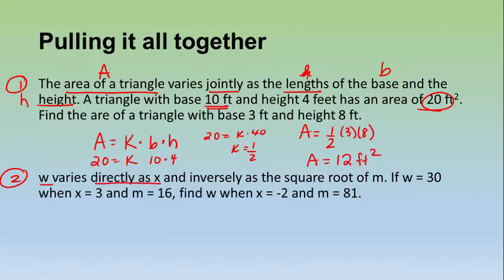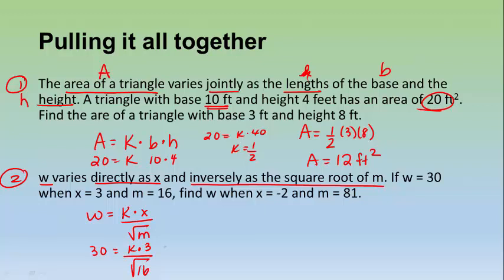Let's take a look at the next one. W is varying directly as x, but inversely as the square root of m. Let's write it down. W varies directly, so there's my k, as x, but inversely as the square root of m. If W is 30 when x equals 3 and m equals 16, let's start that.